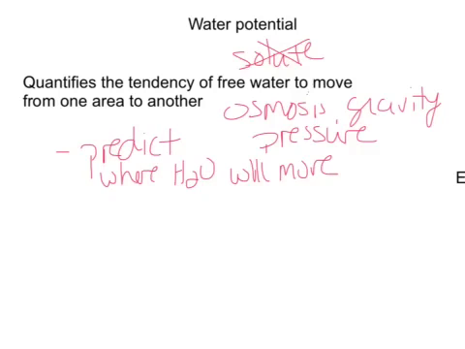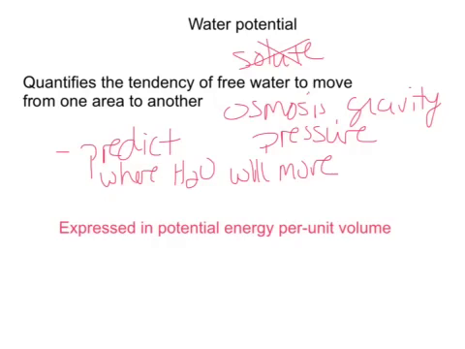Because we can get a value on each side of the membrane, and water will move from the higher value to the lower value. It is expressed in potential energy per unit volume, and it's represented by the Greek letter psi. So that's how you'll see water potential represented.